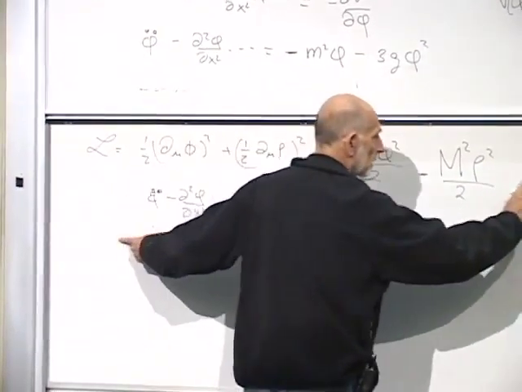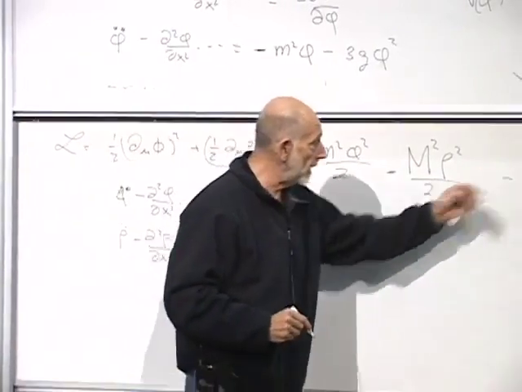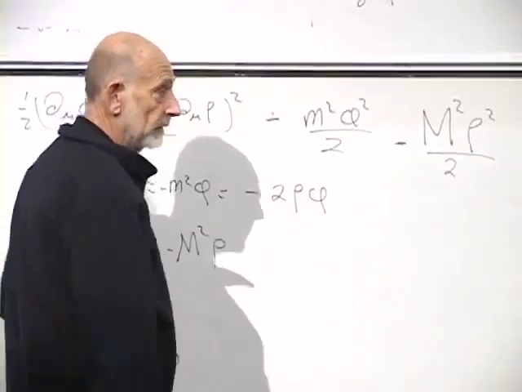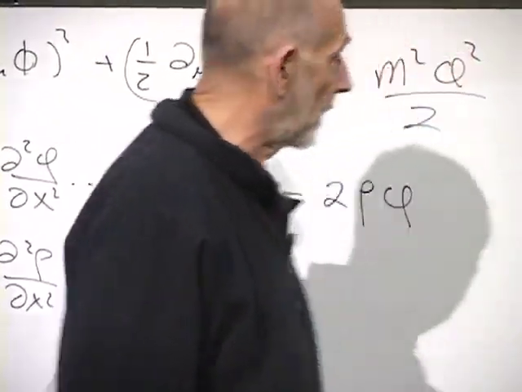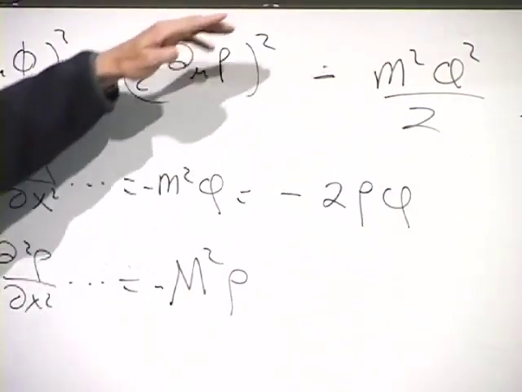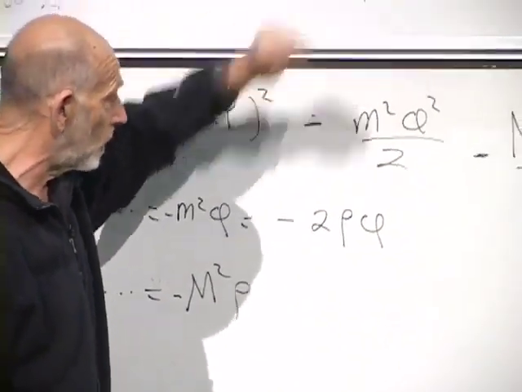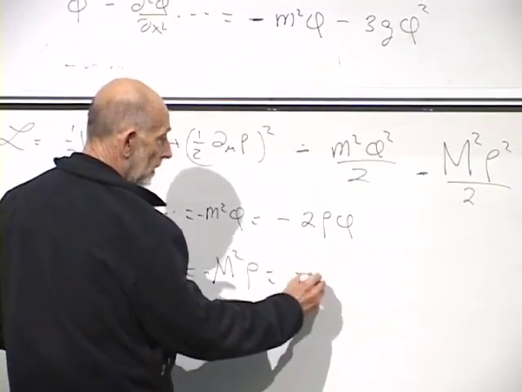The derivative of V with respect to phi is just twice rho phi, right? Differentiating phi squared just gives me twice phi. On the other hand, the equation of motion for rho has on the right-hand side minus the derivative of V with respect to rho, and that's just equal to minus phi squared.